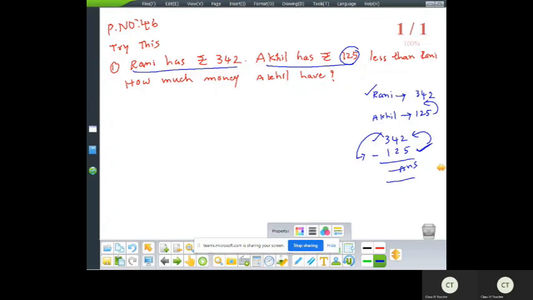Question, I read the solution. Rani's money is 342. Less money with Akhil.